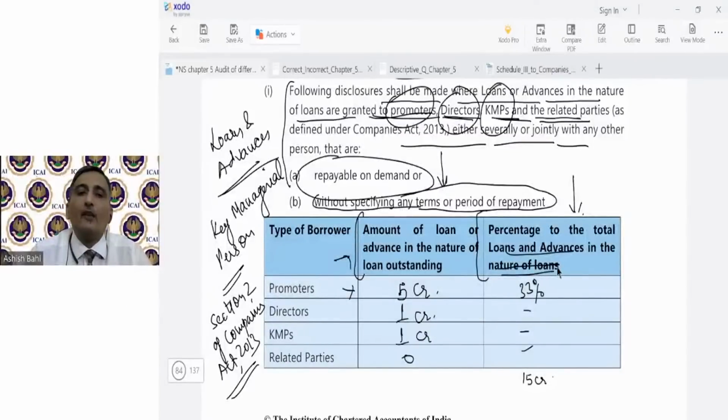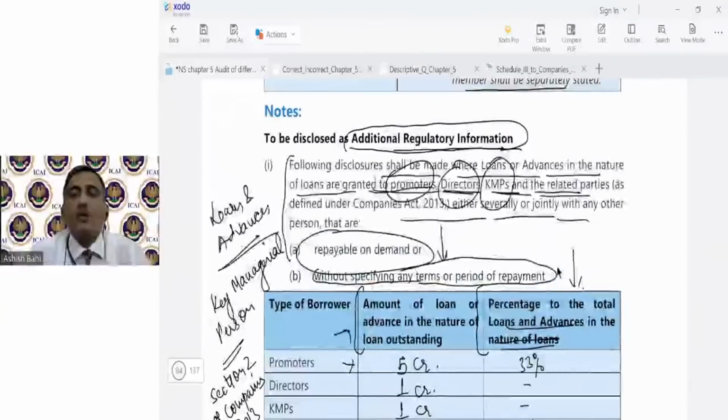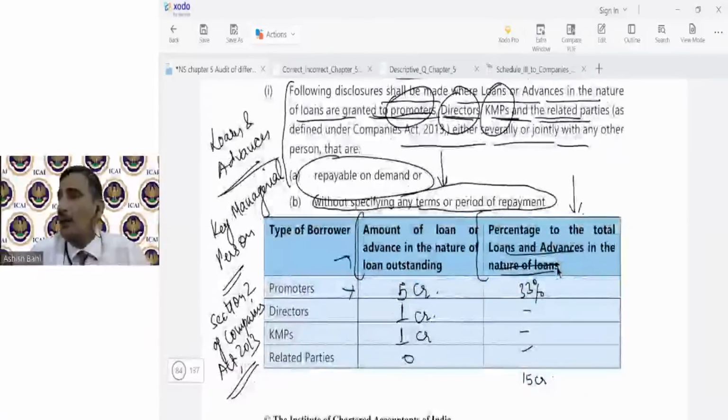So this kind of disclosure, additional disclosure is also required in respect of loans and advances when these are given to promoters, to directors, to key managerial persons, and to related parties.